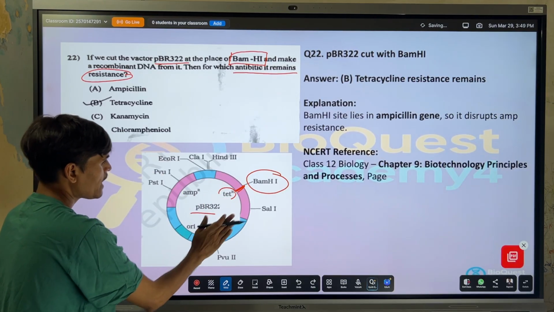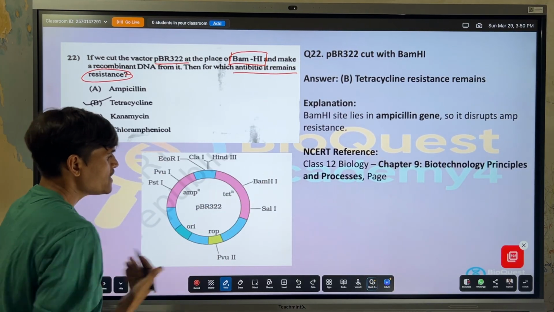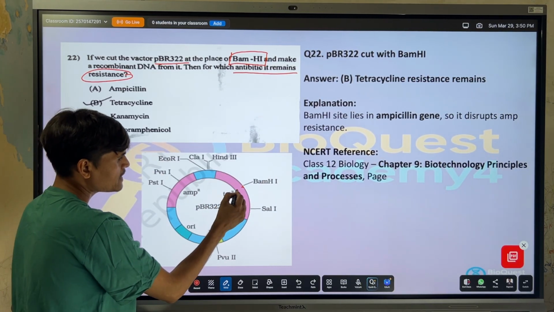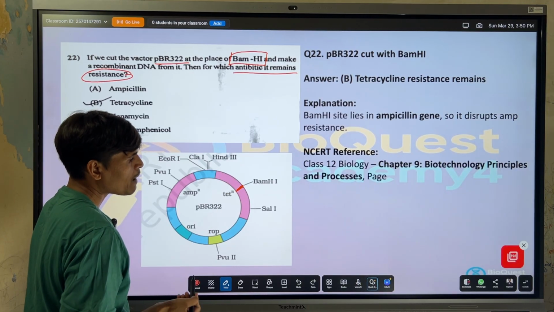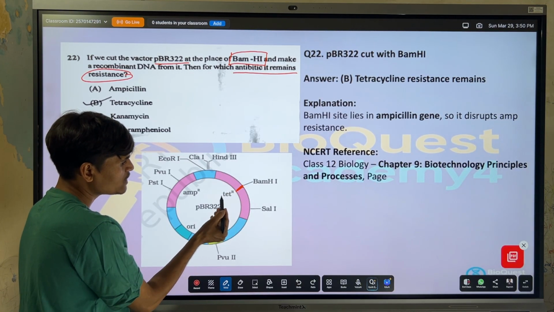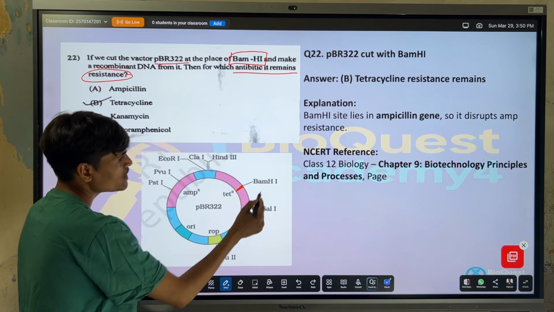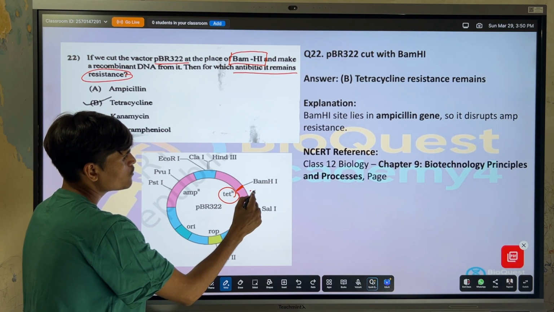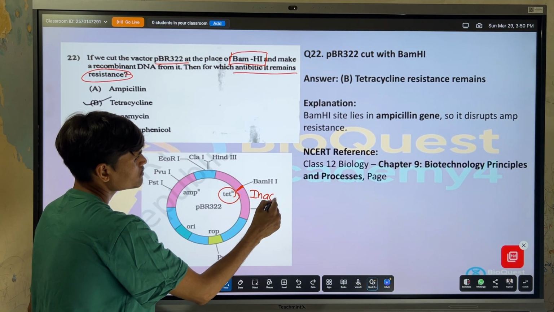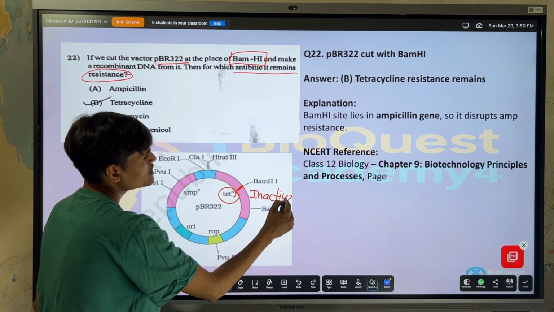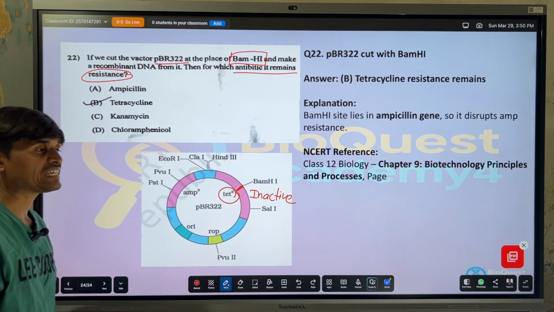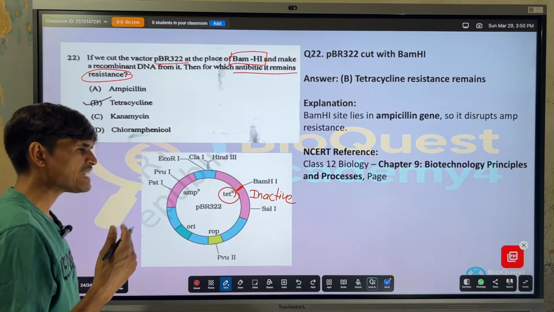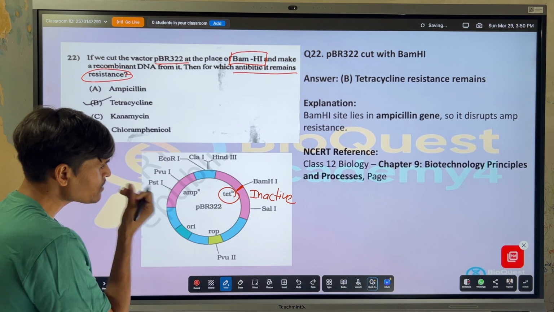Now, if I cut from this place with BamHI, which falls into the tetracycline resistance gene, that means this tetracycline gene will become inactive, which is known as insertional inactivation.